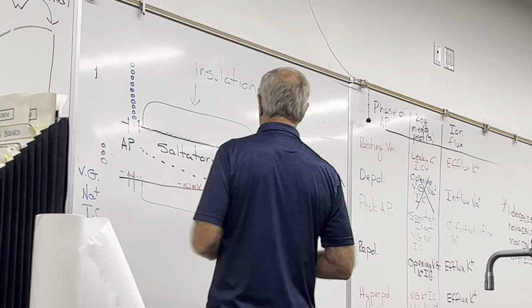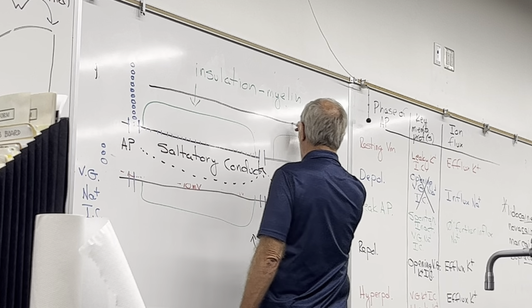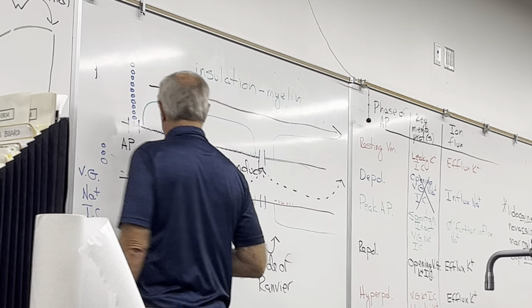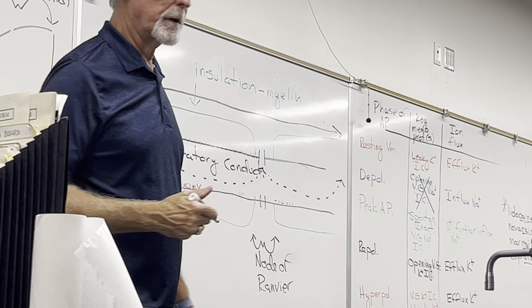Now, the speed at which the action potential moves down along the length of the axon is known as the conduction velocity.